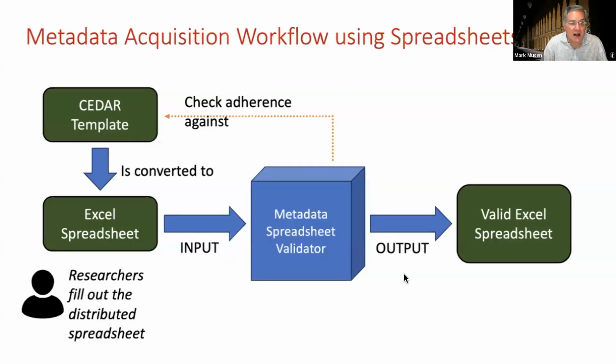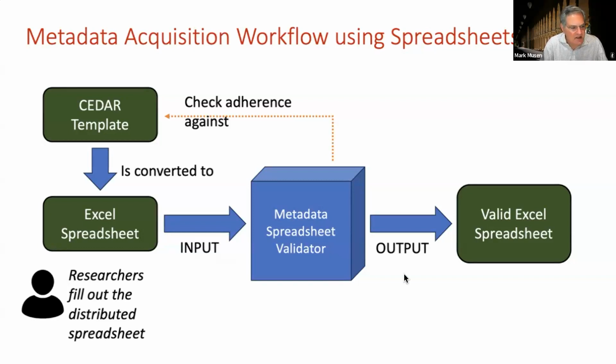And so we've actually worked out a new system where the CEDAR templates that one authors in the web interface that I showed you earlier can now be translated into an Excel spreadsheet. And the Excel spreadsheet actually embodies all of the value sets that are derived from the appropriate ontologies that are needed to ensure that the value types are correct.